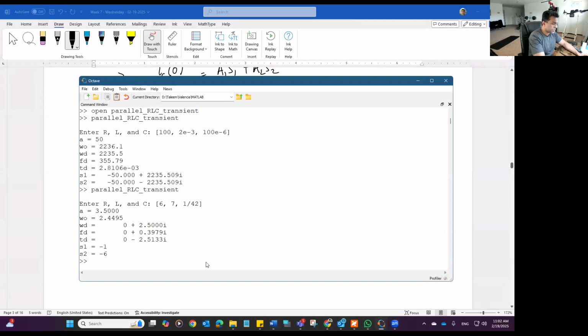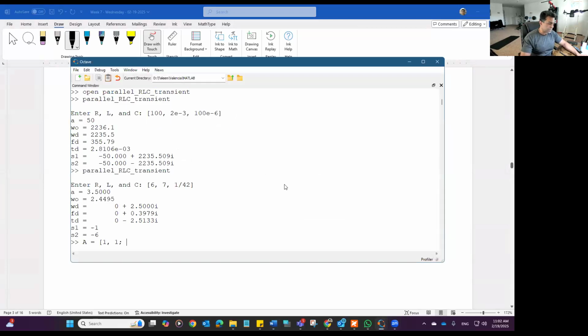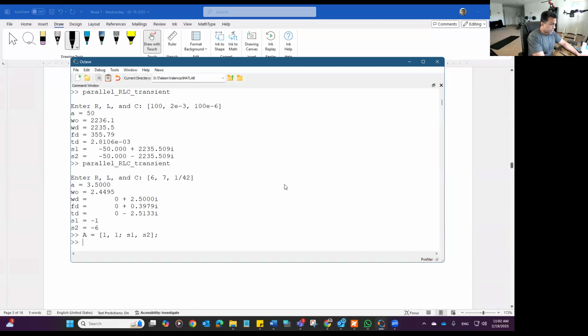So in my first equation, the A1 coefficient is 1 and the A2 coefficient is 1. In my second equation, the A1 coefficient is S1 and the A2 coefficient is S2. My constant vector on the right-hand side is 0 from the first equation and negative 10 over C from the second equation.